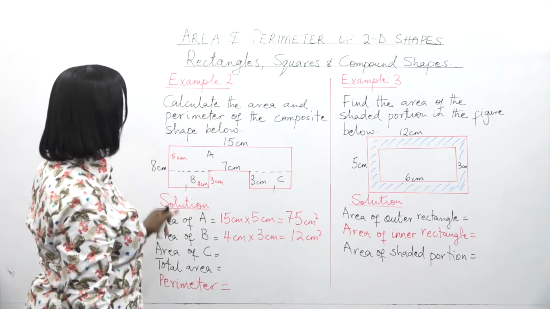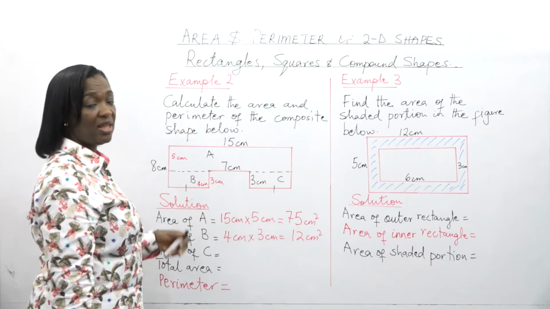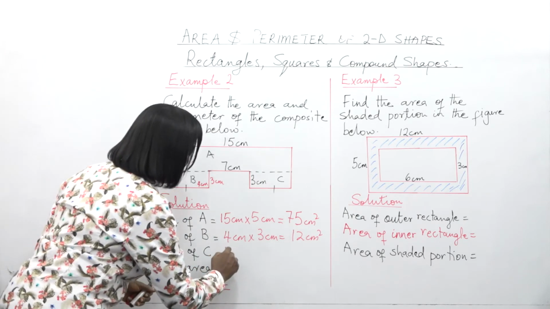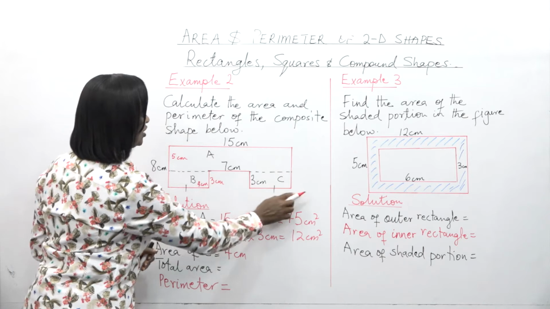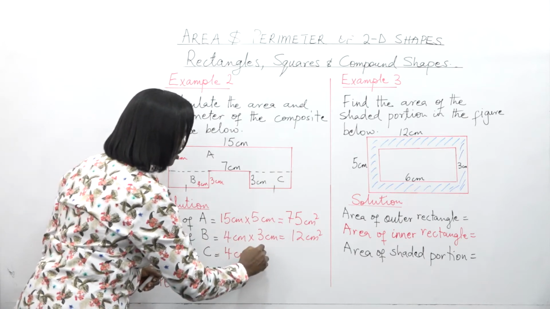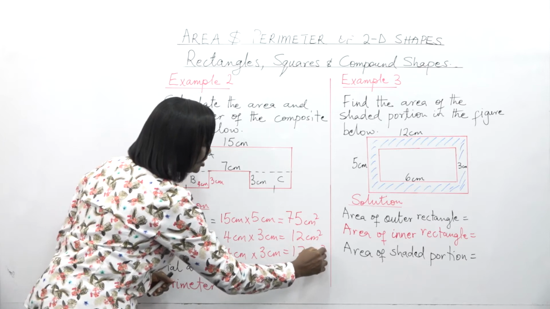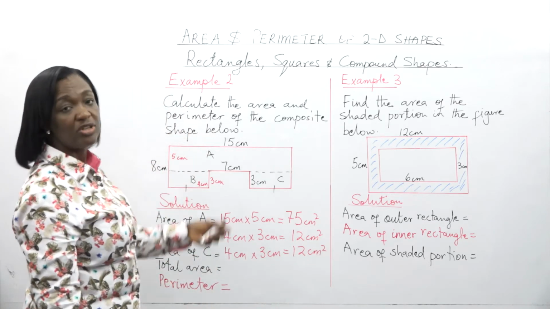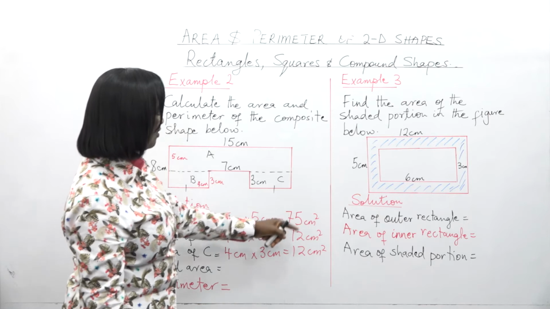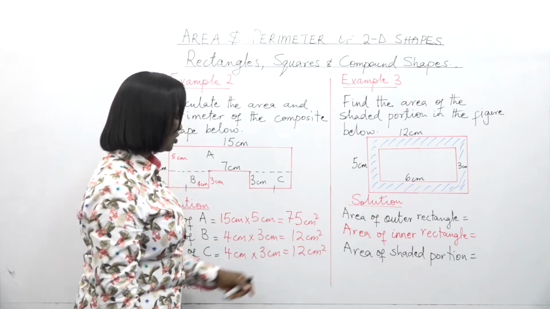Area of C. C and B are similar. They are the same. So the area is the same. 4 centimeters times 3 centimeters. And that's also 12 centimeters squared. So the total area of the shape is 75 plus 12 plus 12.